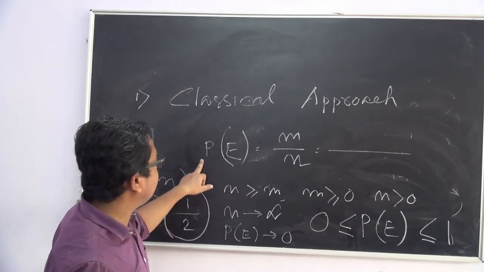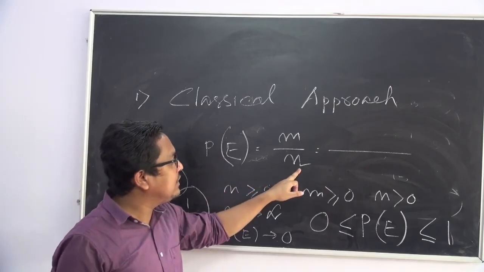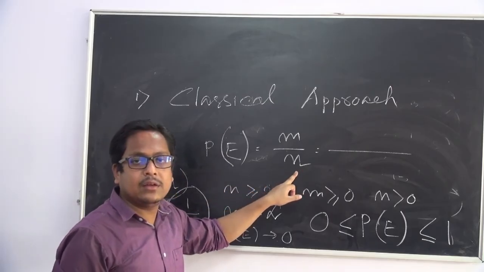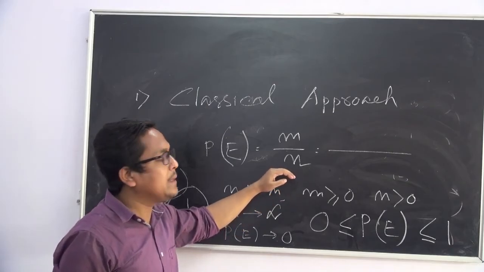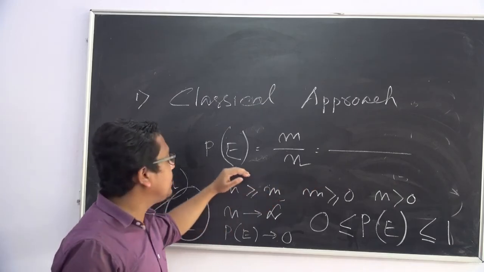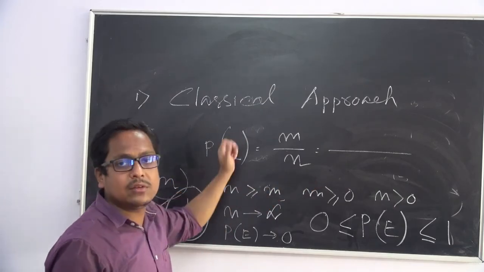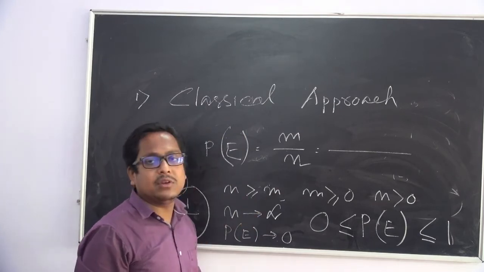Another disadvantage is, if we don't know n, the total number of events, then we cannot find the probability by using this classical approach. So these are some demerits.